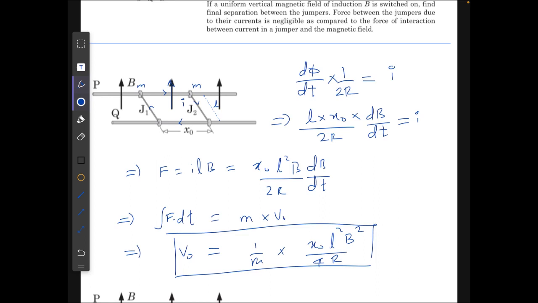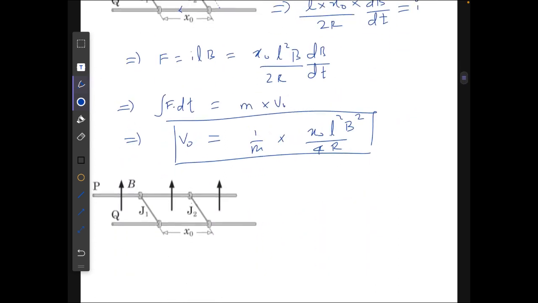After that, the change in the magnetic field will stop, and the rods would have gained some velocity in the direction towards each other. Now a motional EMF will be generated in each of these rods, which will cause a force on each of them in the direction opposite to their motion. So let's say some current I is induced at some general time.